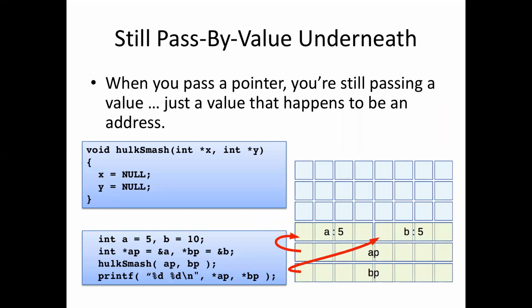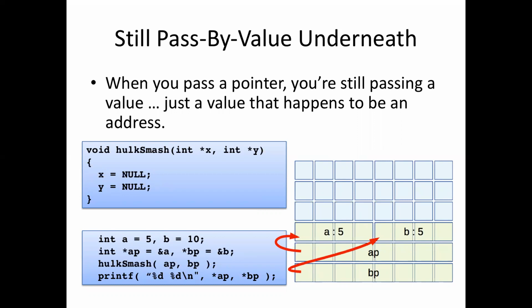Pointers give us a way of doing pass by reference, but it's really implementing pass by reference using essentially a pass by value mechanism. We're just passing a value that happens to be a pointer. And that's what this silly program tries to show off.